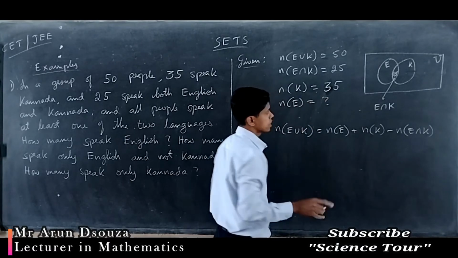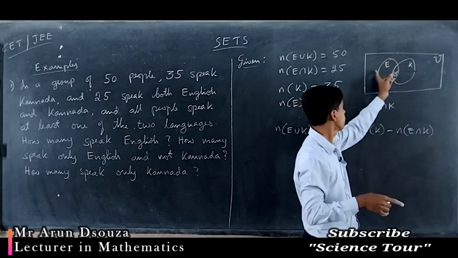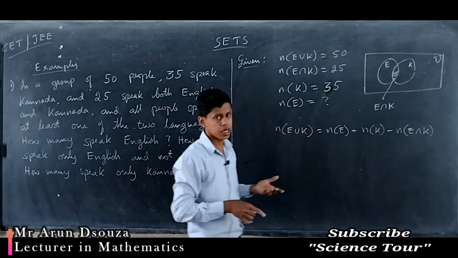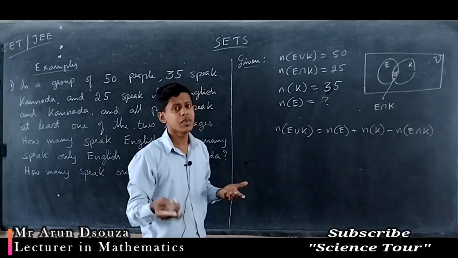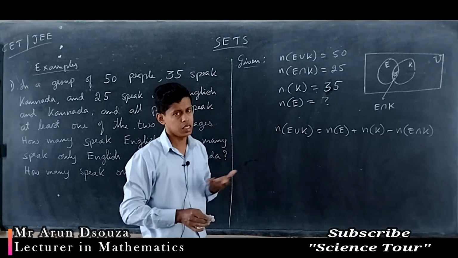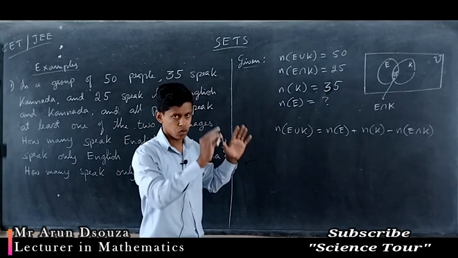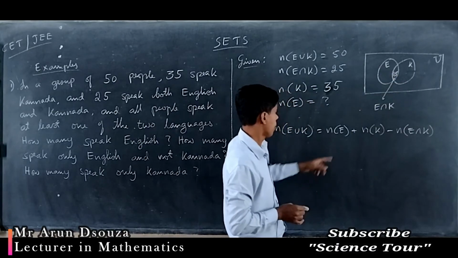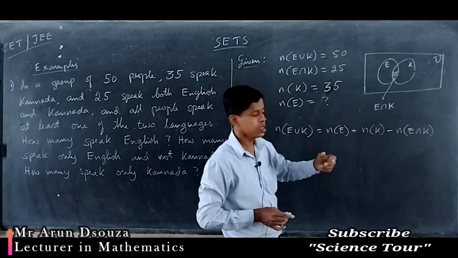How many speak English? That means this circle you have to find, which includes the intersection also. He may know Kannada also, but he knows English, right? So that includes this region also. Okay, well, now you have the formula already written here.